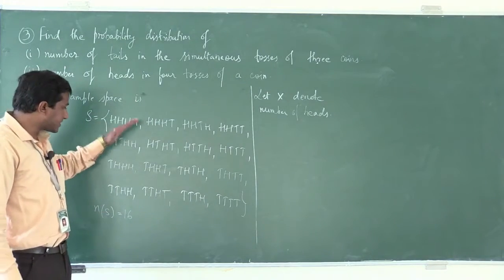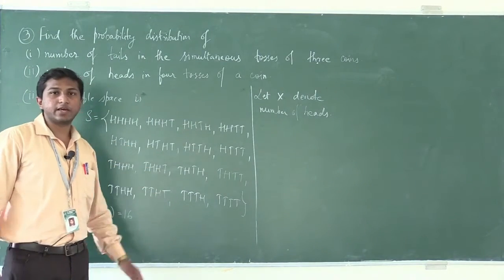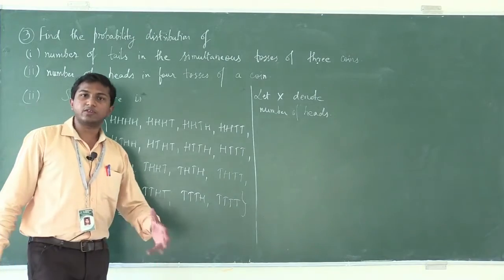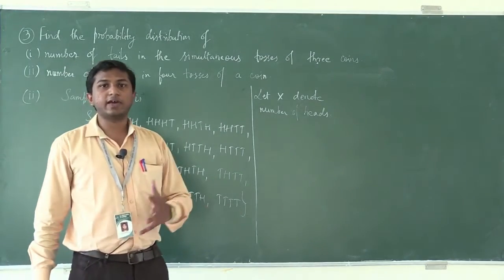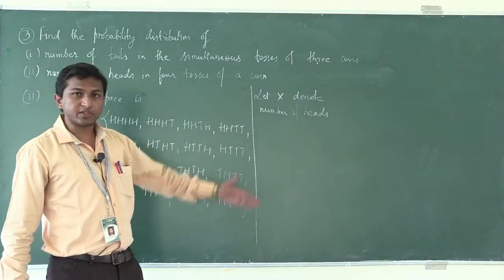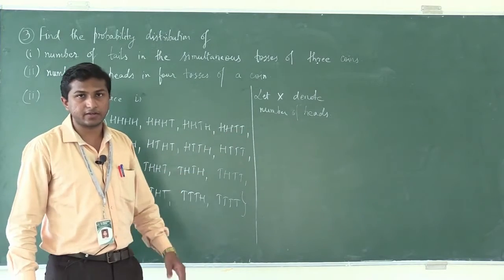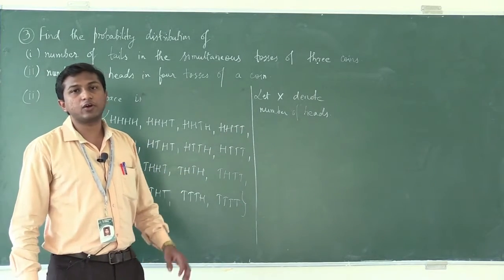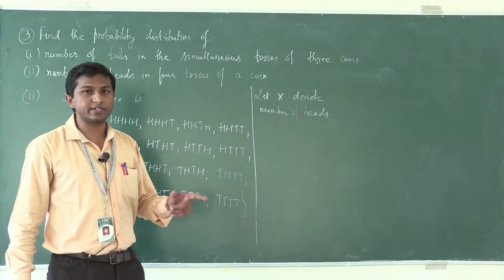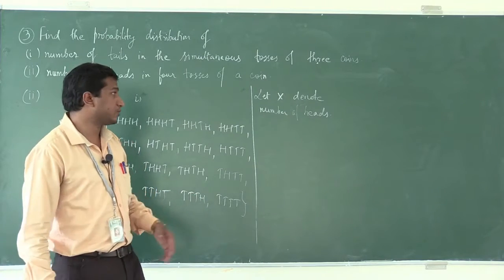Now that we have written the sample space as well as the random variable, we have to think about the possible values of X, and once we think about the possible values that X can take, we start finding out the corresponding probabilities of the different possible values.